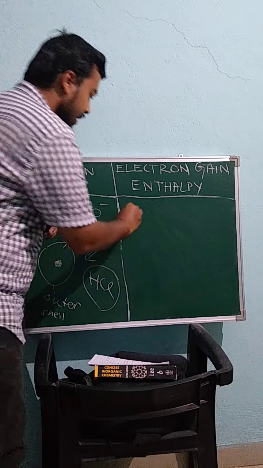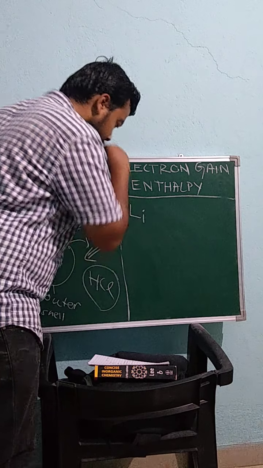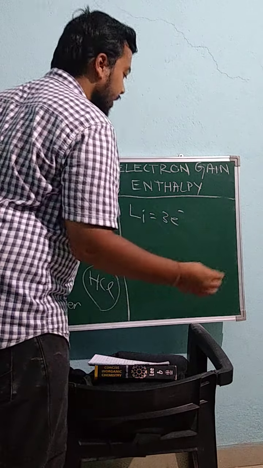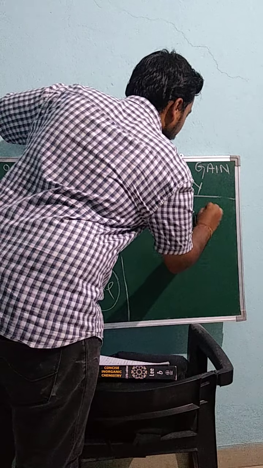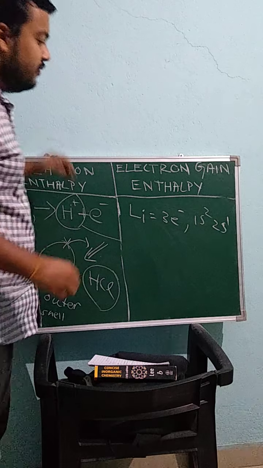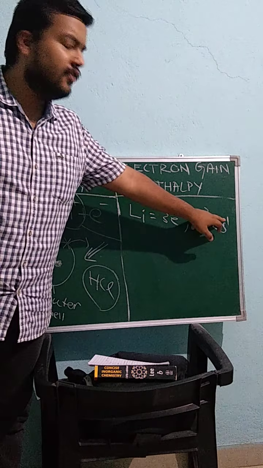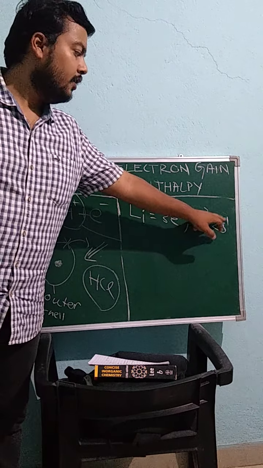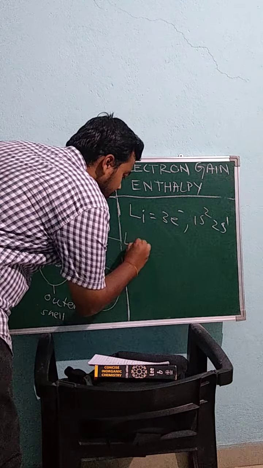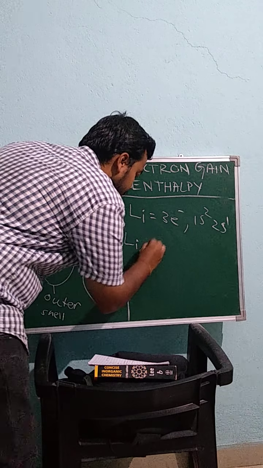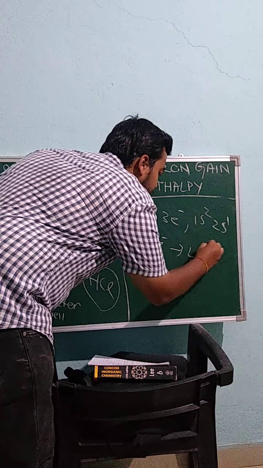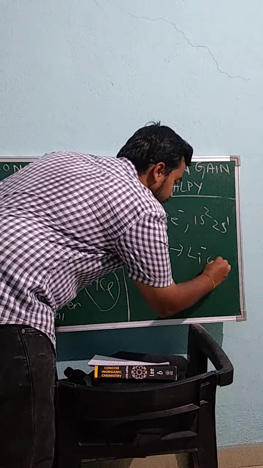So let's talk about the atom lithium. Lithium has 3 electrons, so the electronic configuration will be 1s2, 2s1. Means there is only one electron in the outer shell. If we are giving one electron to the lithium, suppose this is lithium in gaseous state, it will be Li minus gaseous.